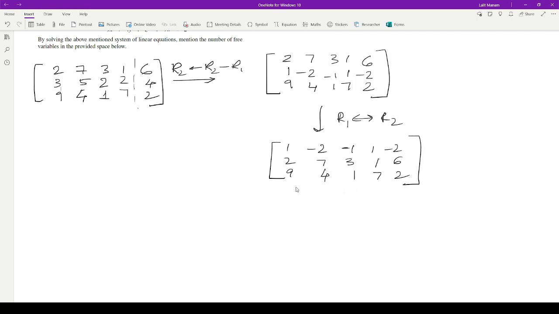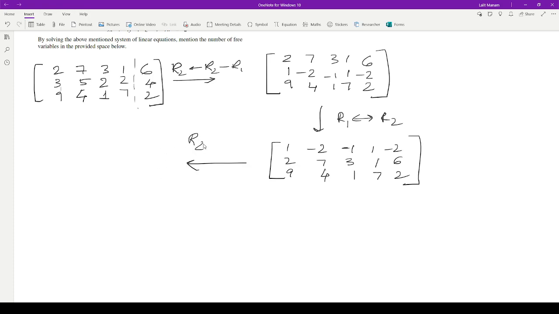And from this, we would now make the pivot of the second row, given with the following operations.